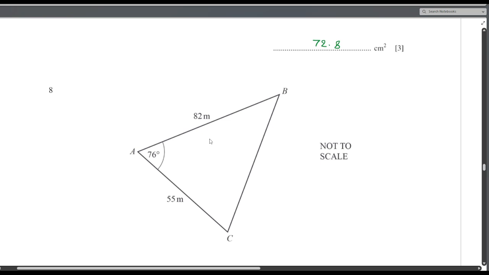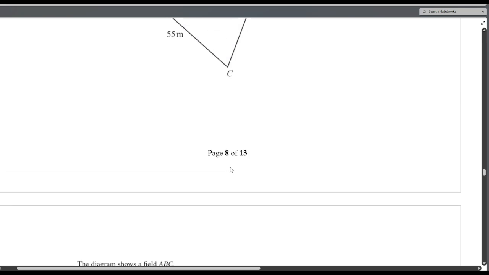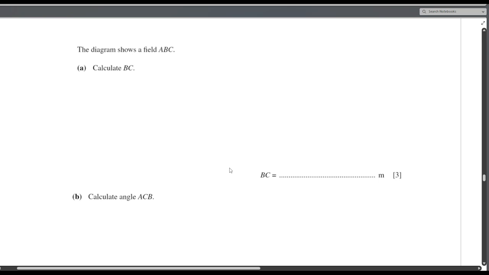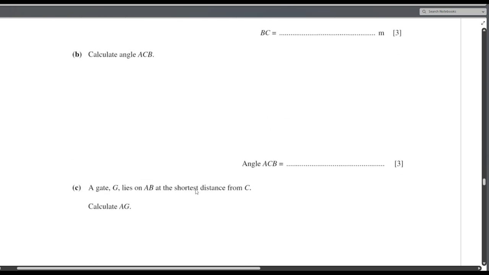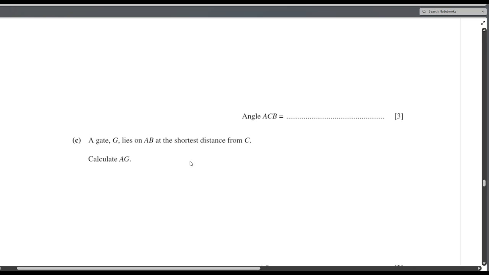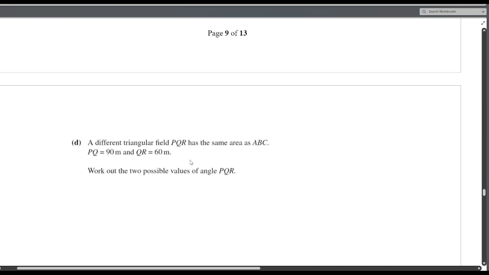Now the next question. This question we have already solved, if you remember. Calculate BC using the cosine rule, calculate angle ACB using the sine rule. A gate G lies on AB at the shortest distance from C, that is the concept of shortest distance, and two possible values of angle PQR.